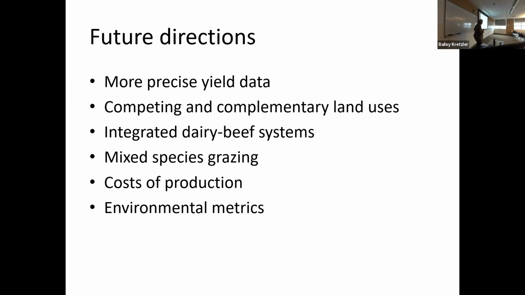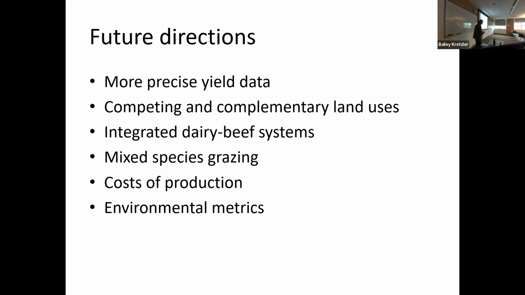There's a need to consider competing and complementary land uses, whether it's from people moving into the region who are buying rural residences that also have agricultural land attached to them, whether it's land for photovoltaics, whether renewable energy, or, name it. There's a lot of competing land uses, some of which can be complementary.